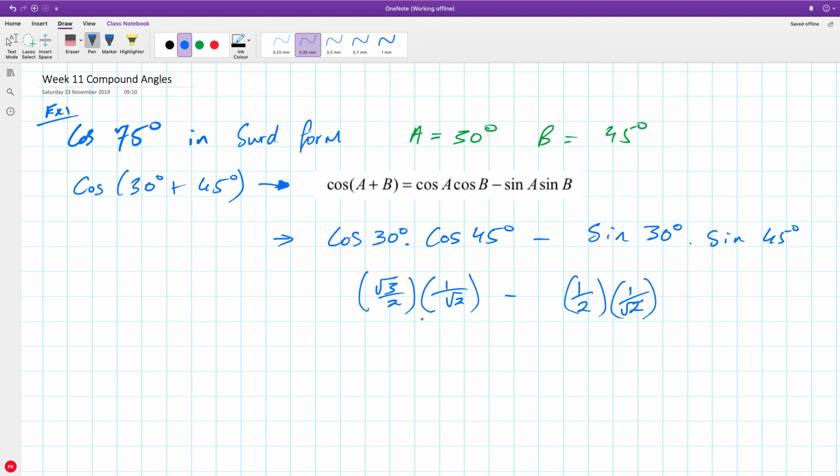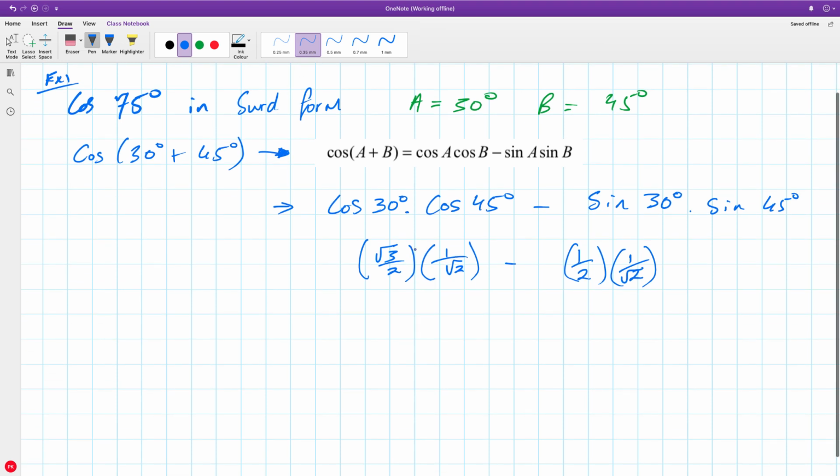And then multiplication. So, root 3 over 2 by 1 over root 2, into our calculator, or do it in your head, whichever way, is root 3 over 2 root 2. Minus a half times 1 over root 2 is 1 over 2 root 2.